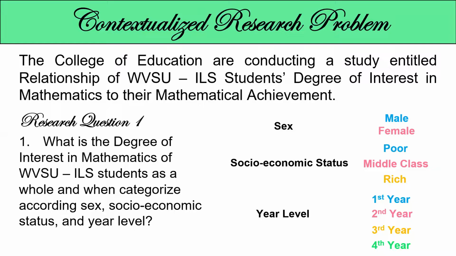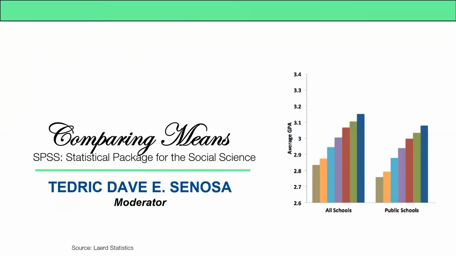So our goal here is to get the degree of interest in mathematics of West Visayas State University ILS students. Since we need that, we need to compare or get the mean for the degree of interest. So the right statistical tool to get the mean is, of course, to compare the means using the Statistical Package for Social Sciences.